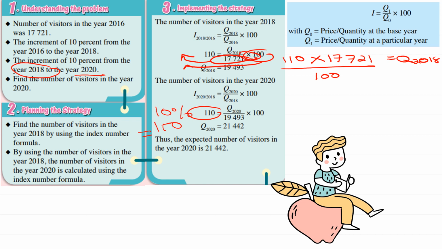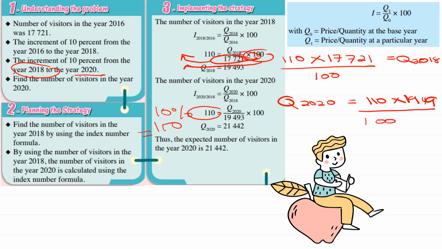You put 110 into the formula. To find the quantity for 2020, similar to the previous step, you multiply this one with this one. So the quantity for 2020 is equal to 110 multiplied by 19,493, and then you divide by 100.